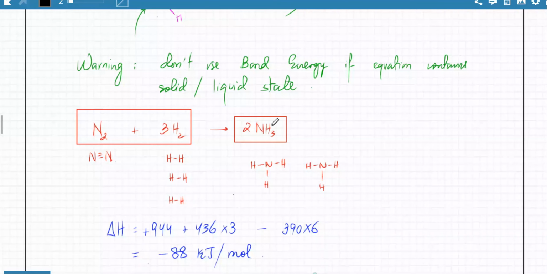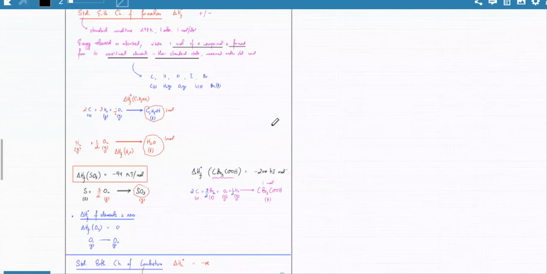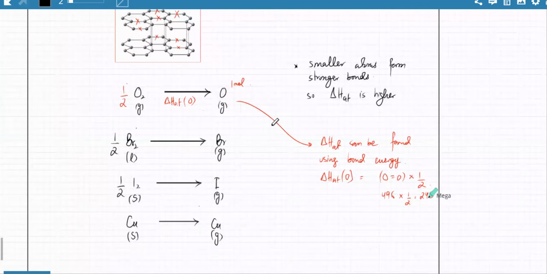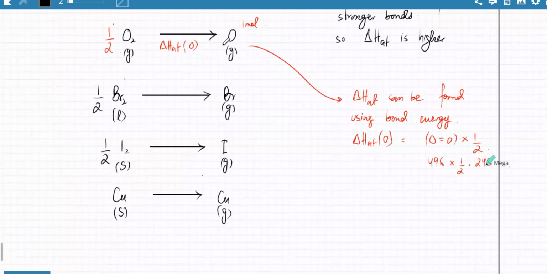So if in the reaction all substances are gaseous, then you can use bond energies. But if in a reaction the substances are not gaseous, for example, in this one, bromine is a liquid. Over here, iodine is a solid. Over here, copper is a solid. So in these reactions, I can't use bond energies, because bond energies are only defined for gaseous molecules.